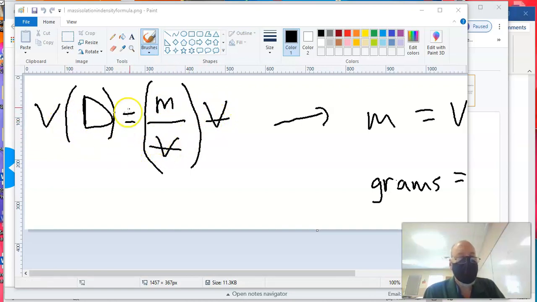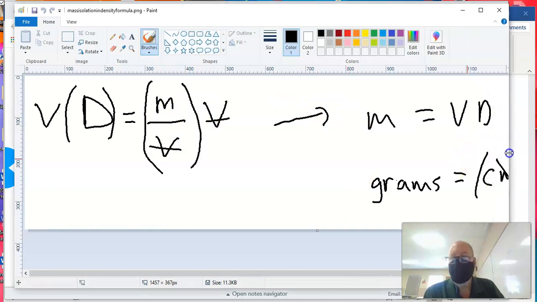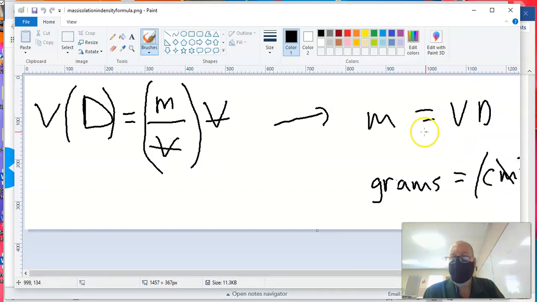That cancels out those V's, and that just leaves me with mass equals volume times density.